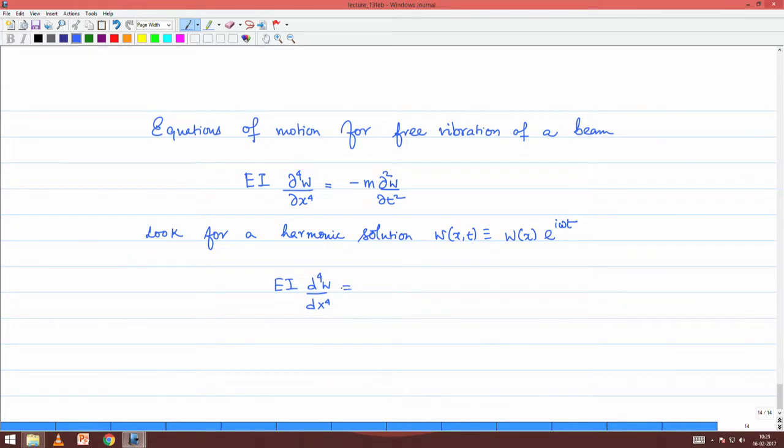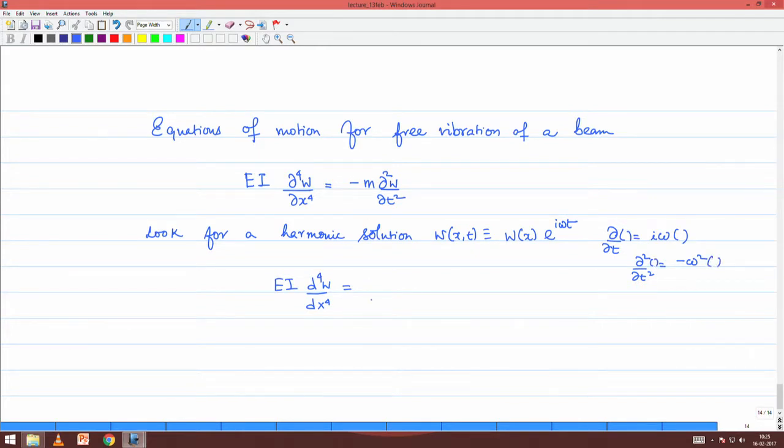And you know that once you have selected a harmonic dependence, if you take the derivative once, it has got to be i omega times the function itself, and if you take the derivative twice, it is i omega times i omega, which means minus omega square times the function itself.